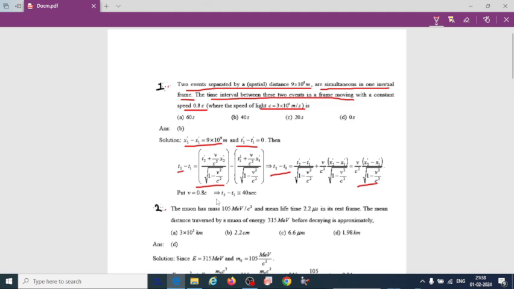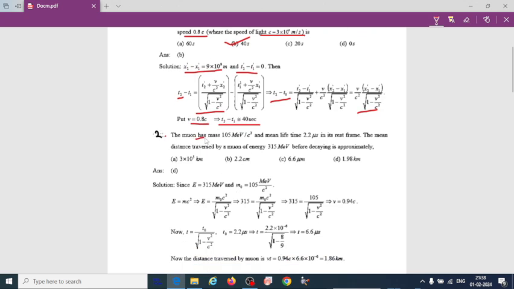Just substitute that, and the speed of light they have given. They are moving with a constant velocity 0.8c. After substituting the values, the time interval between the two frames we will get 40 seconds. So the correct option is B.